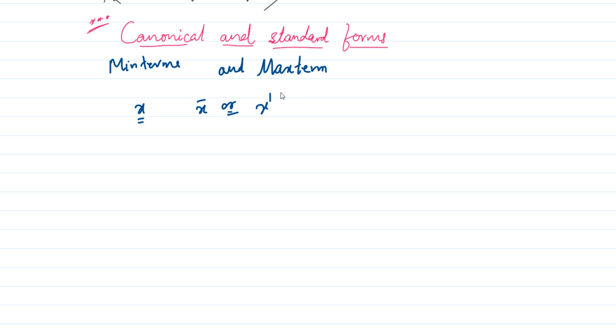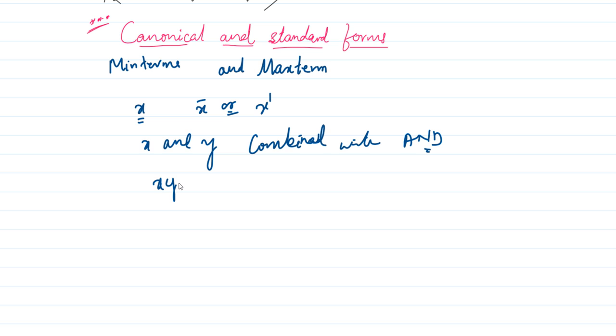Now, if I consider two binary variables, say x and y, combined with AND operation, how to write this? That is xy, correct?